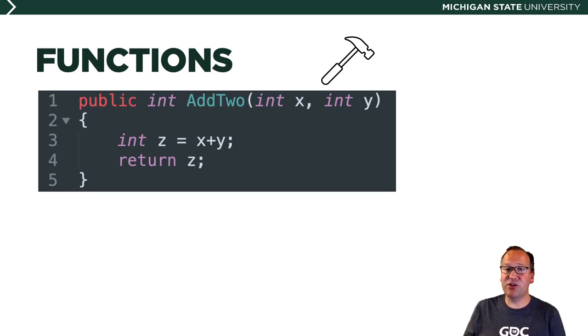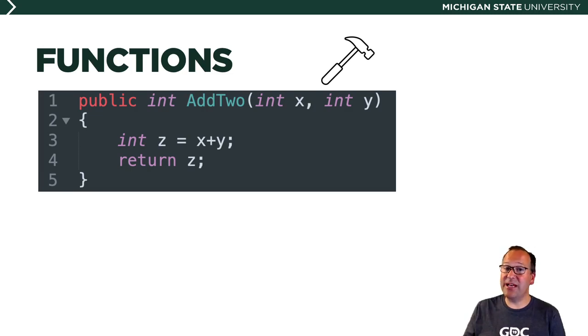Within the body of the function, I created a new local variable of type integer named z and set it to the sum of x plus y, which are also two local variables of type integer that were set up as arguments. The code then returns the resulting integer value back to whoever called the function.